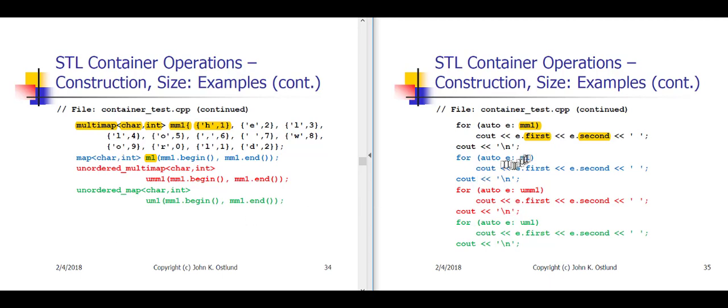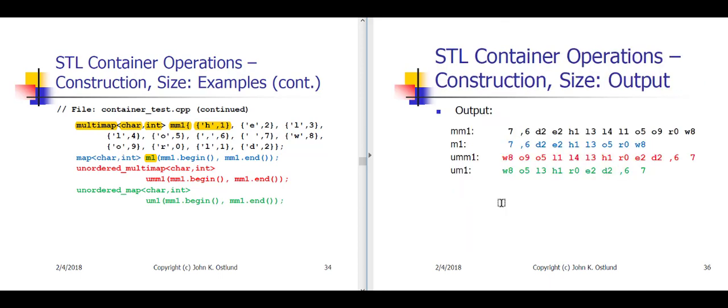And when we display the elements of M1, as we're doing here on slide 35, what we're going to see when we look at our first possible duplicate key, the L, notice that the first pair in which the key is an L, that is L3, is stored in M1, but then any subsequent pairs that have a key of L are rejected.